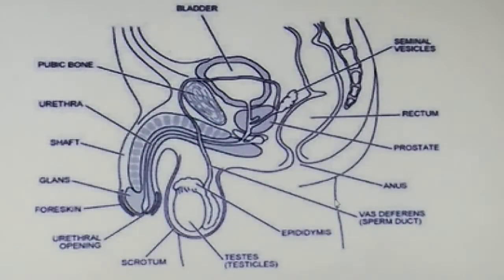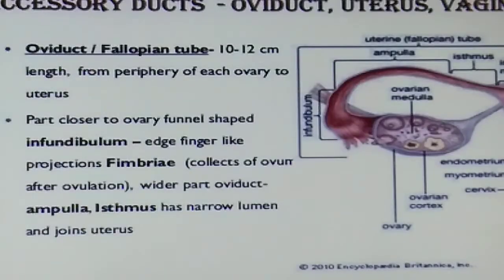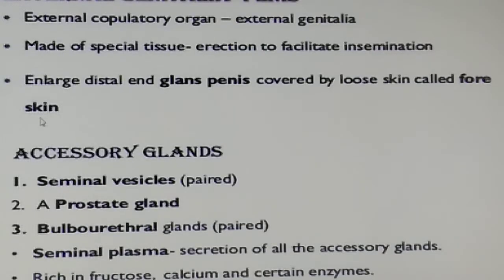Now students, talking about the accessory glands, the last one. So we have seminal vesicle, that is paired, then prostate gland and bulbourethral gland, that is also paired. Now what is seminal plasma?